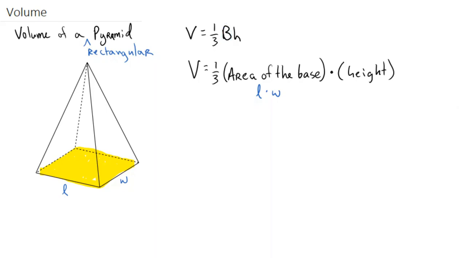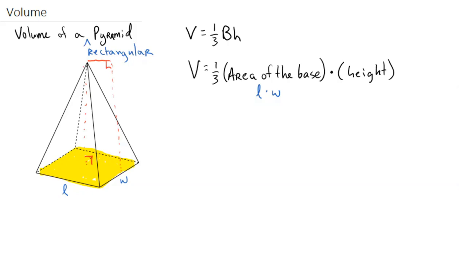And then for the height, that isn't immediately obvious either, and so again it's hard to show, but you're going to take the height that's going to go straight up from your base and form a perpendicular with the point. Sometimes this is drawn from the middle and it just has to be perpendicular to the base.